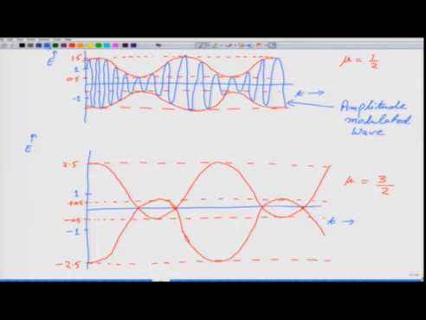And the amplitude modulated wave will now behave like this. So amplitudes are added, so it will start from here, it will come here, then like this, and inside this small band also there will be vibrations.